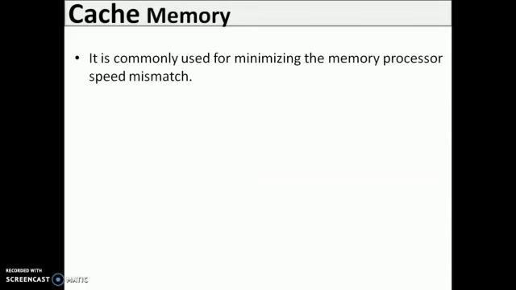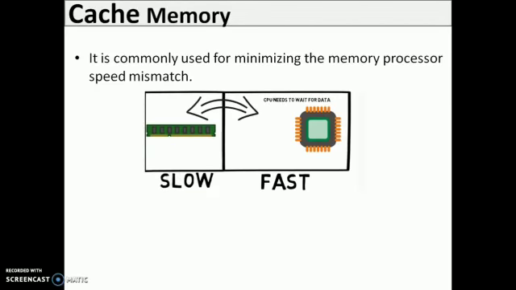Obviously, this is improved greatly by minimizing the memory speed mismatch by using a cache memory. This is a memory placed between the CPU and main memory to overcome the speed mismatch, since the CPU needs to wait for data.